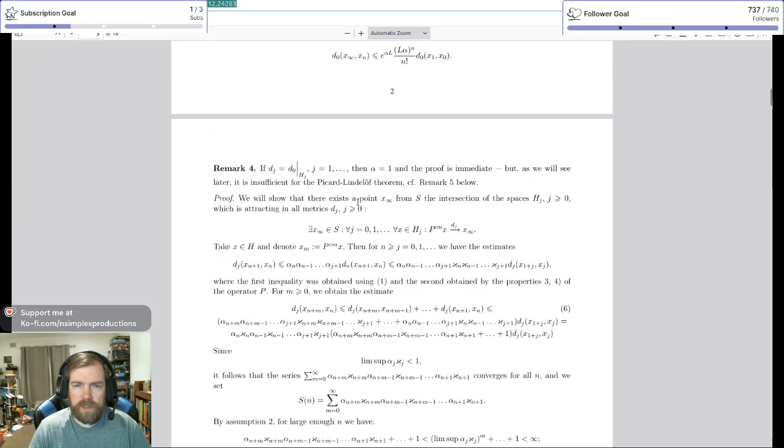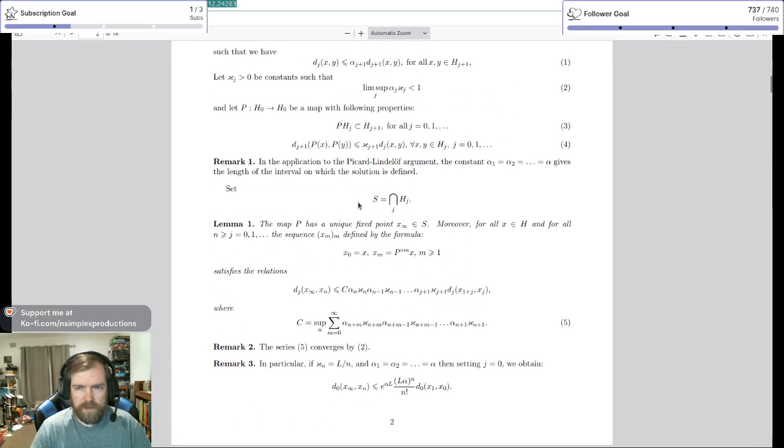Okay, we obviously need to go a little bit further. Map P has unique fixed point x sub infinity in S, moreover for all x and h, and for all n greater than or equal to j, which go from 0 on up. The sequence x sub m is defined by the formula.